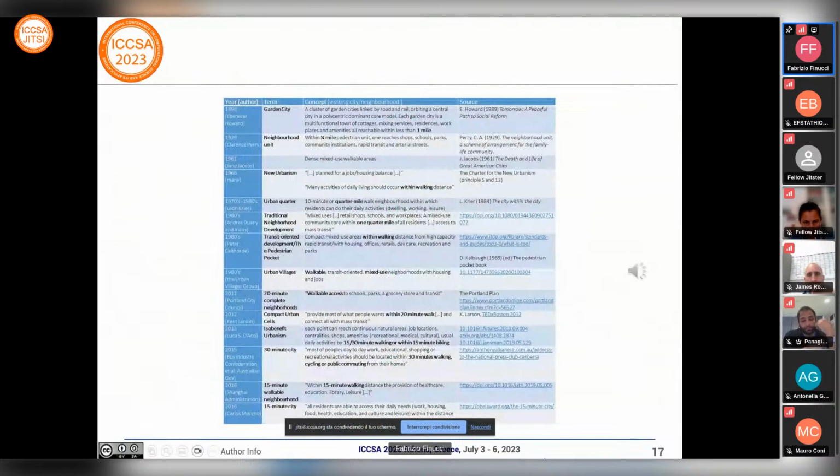This last slide regarding isobenefit urbanism, I wanted to show you a table in which I summarize some models. Probably there are even many more of that. But here are the models that I found, which are talking somehow about proximity to some kind of services. And so I labeled these different types of models within the large family called X minutes city or walking city.